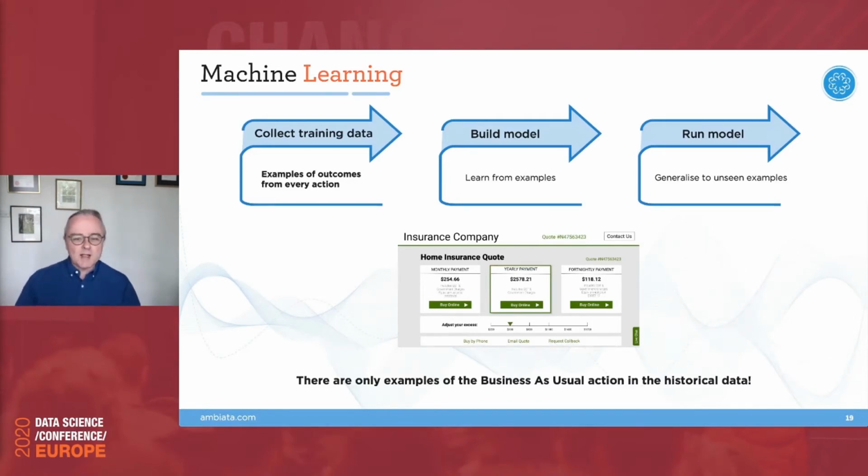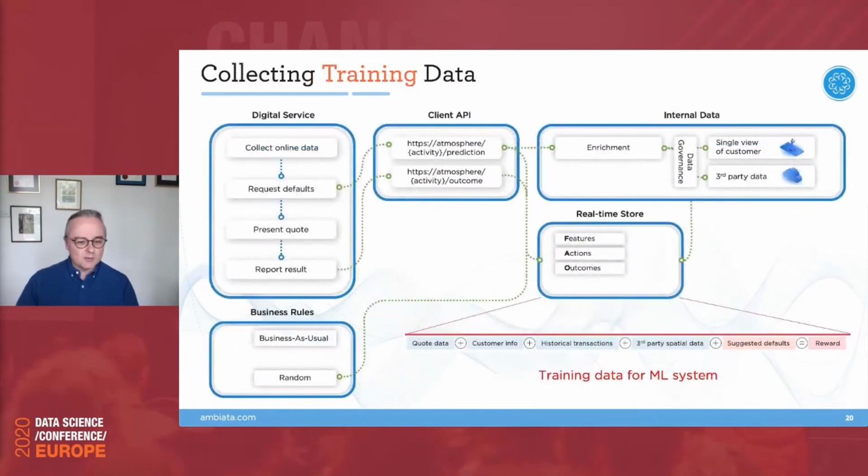Well, typically in a batch learning model, what you'll do is you'll take some business rules and apply a random action to a certain fraction of your customers. So for those random actions, you'll have your quote data, your customer info, your historical transactions, your third-party spatial data, all as features. You'll have your suggested action and an outcome. And you can learn from that in a batch learning model.